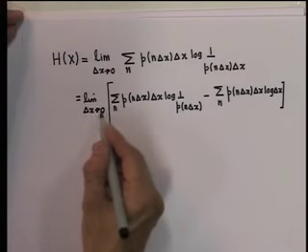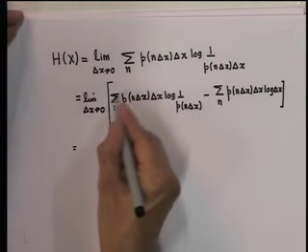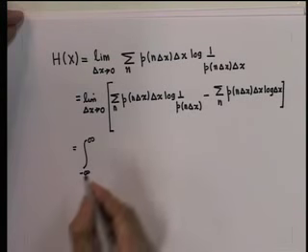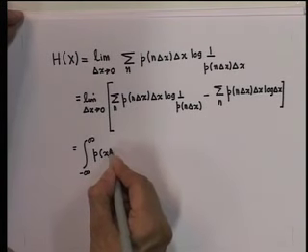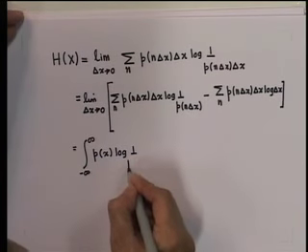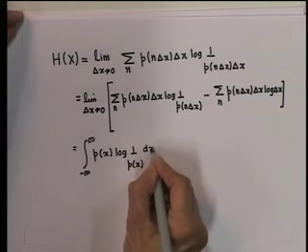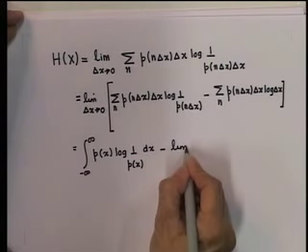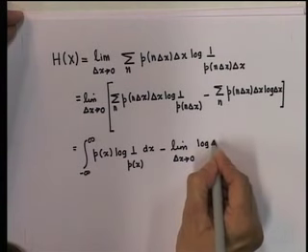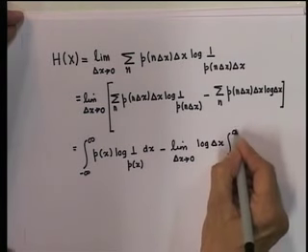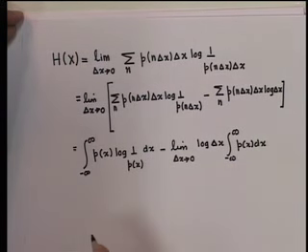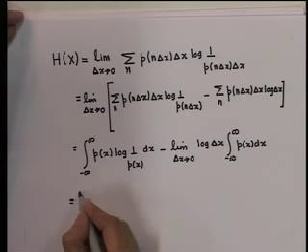Now, as delta x tends to 0, this summation can be approximated by the integral, which gives the following expression: integral p x log of 1 by p x dx minus limit delta x tending to 0 log delta x times the integral of the probability distribution function from minus infinity to plus infinity, and this can be further simplified as.